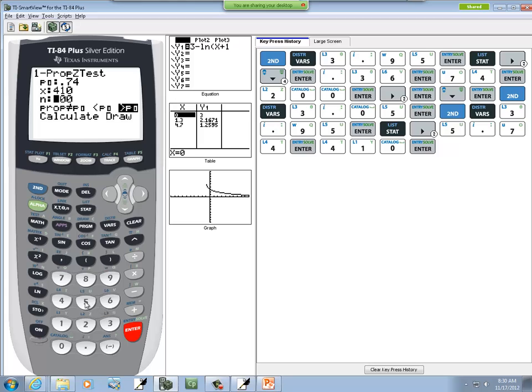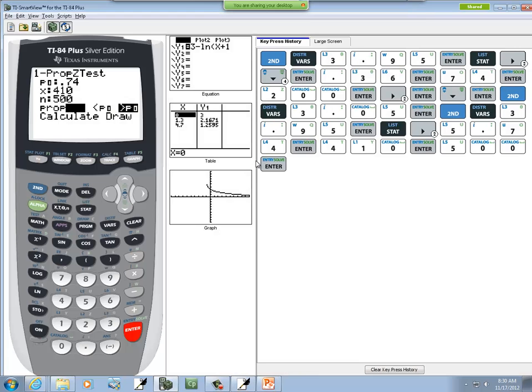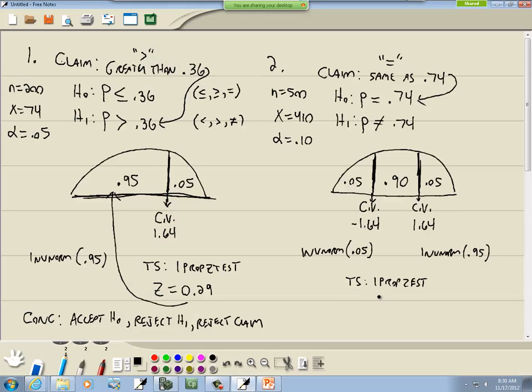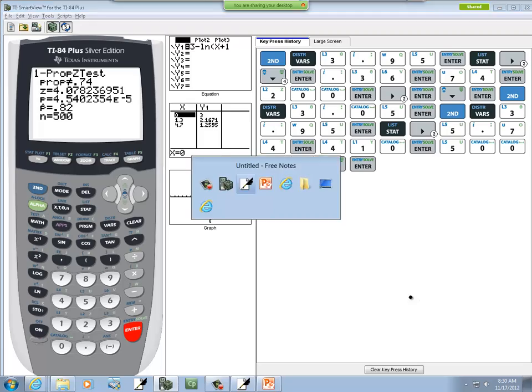N is 500. The symbol off of our H1, which is not equal. The first one here is not equal. I got my flashing cursor on it. I just go ahead and press enter. That selects it. Down arrow to calculate and press enter. And the z equals is your test statistic, which is 4.08.